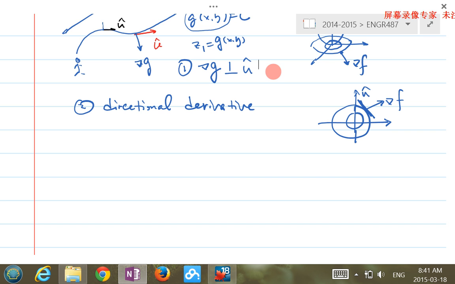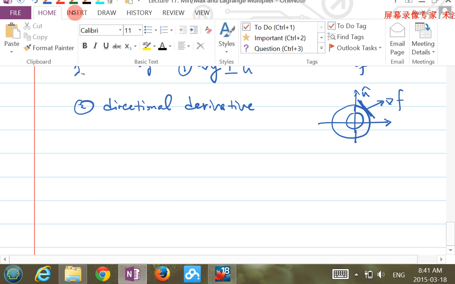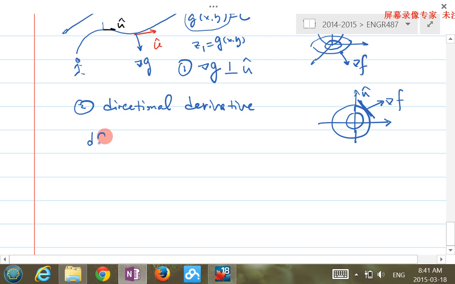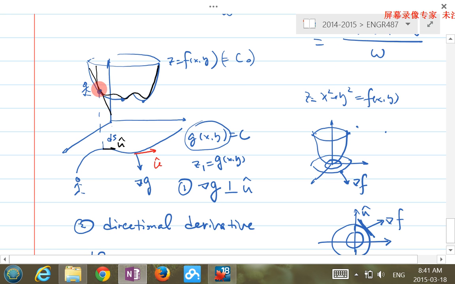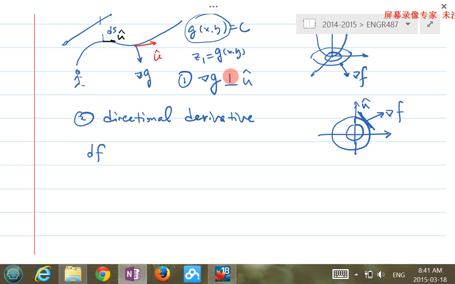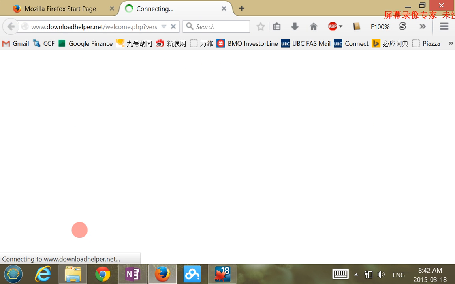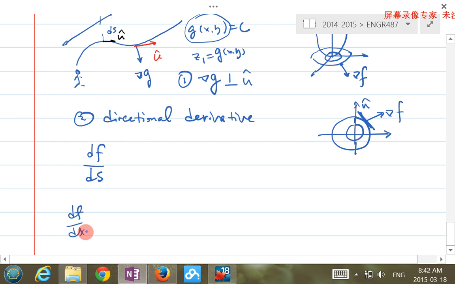So the directional derivative is defined as follows: if you walk along that direction by a very small distance ds, what's the rate of change of this function f? So you see df over ds. It's basically like df over dx, the derivative. What is df over dx? It's the rate of change with respect to a small change dx.